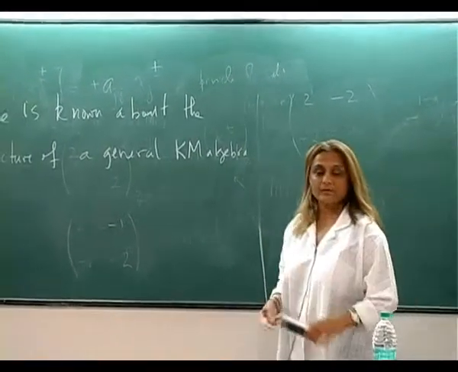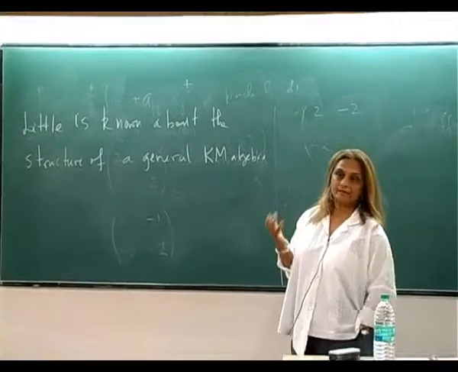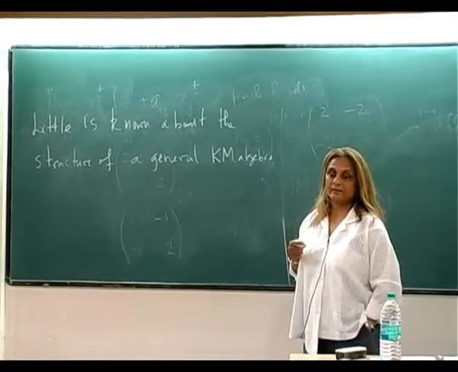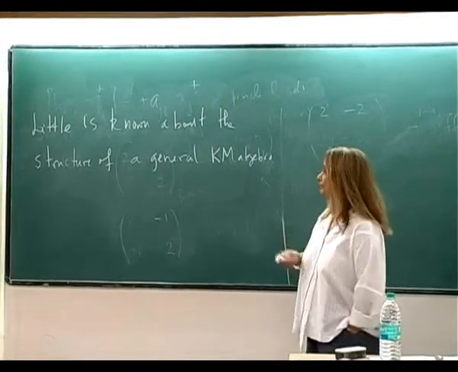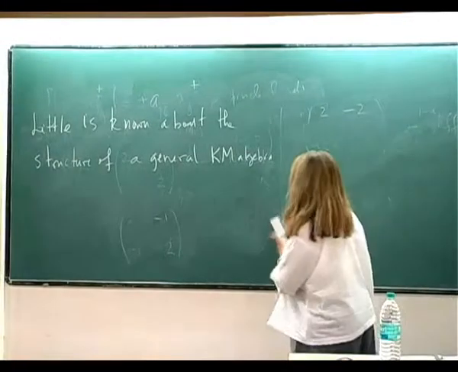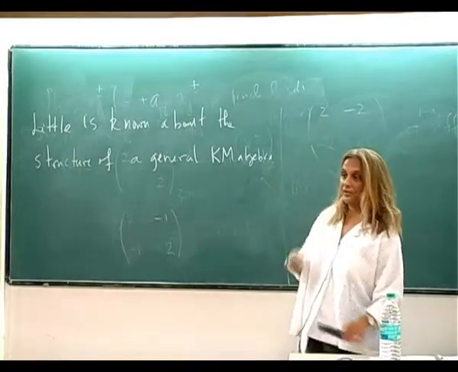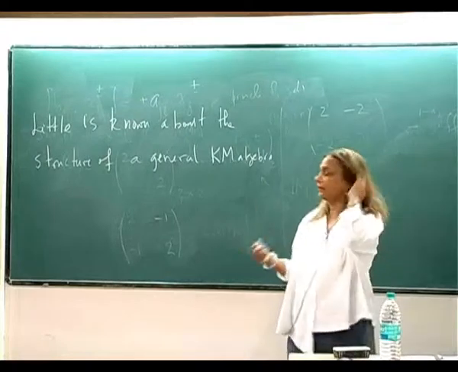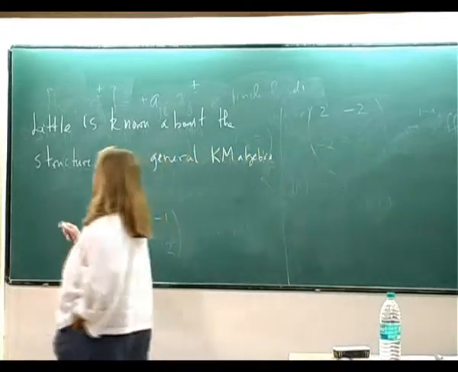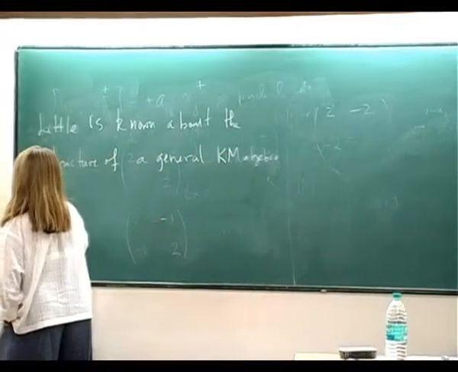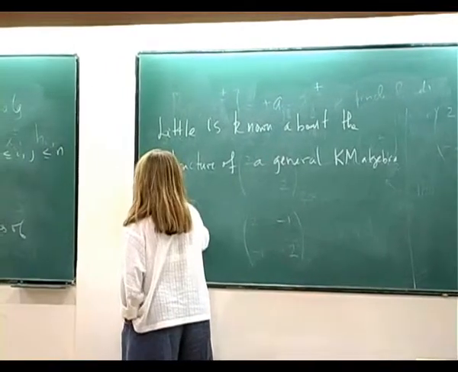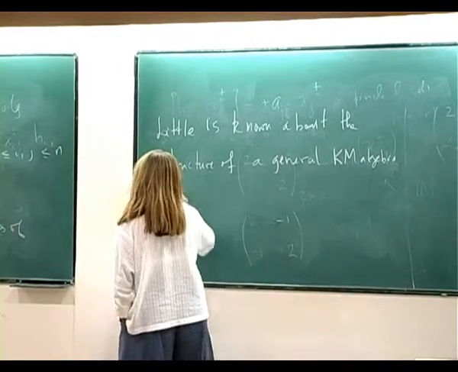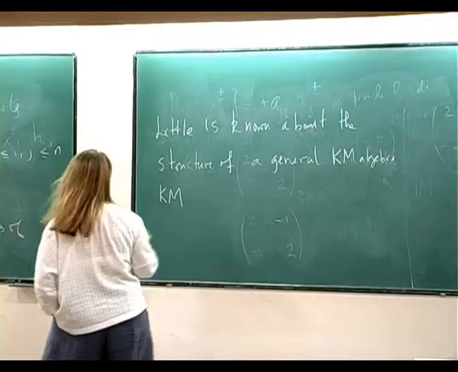For simple Lie algebras, one knows the dimension of the root spaces, right? You know that all the root spaces are one-dimensional. You know lots of properties about the root system, and so on. So how would we define this?